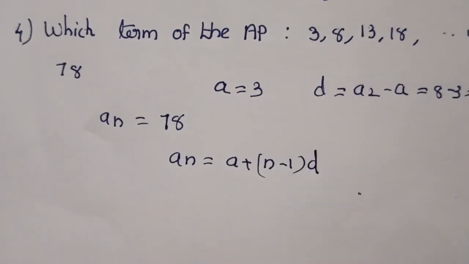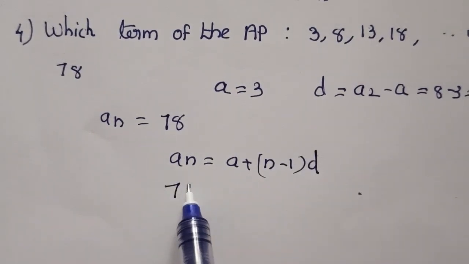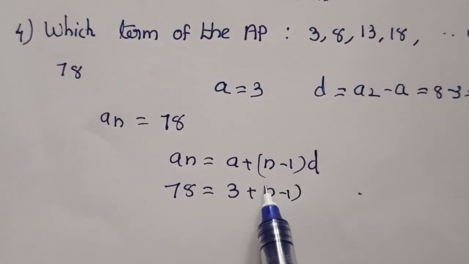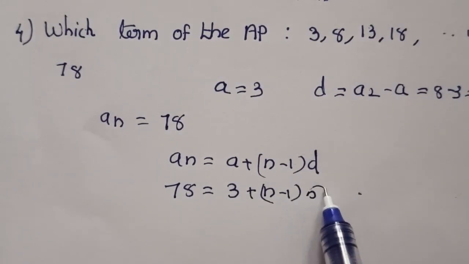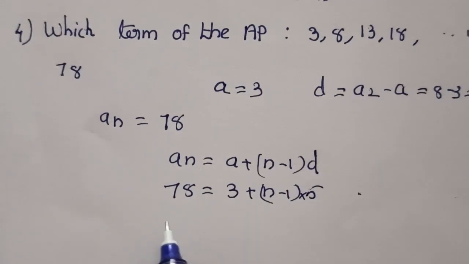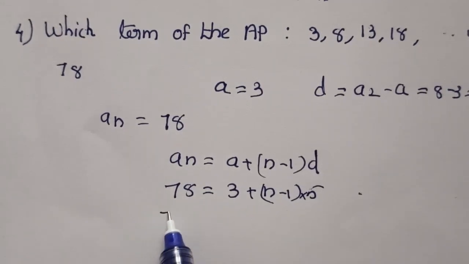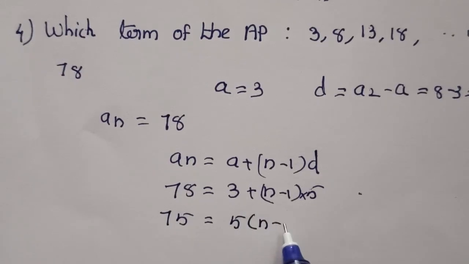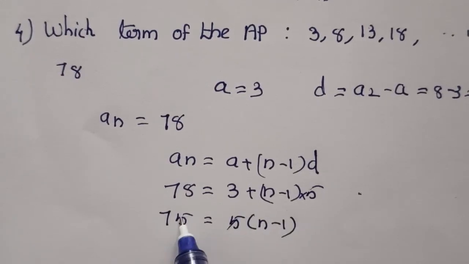Now, substituting the values here, we get 78 equal to 3 plus n minus 1 into common difference, it is 5. N minus 1 into 5. 78 minus 3, that is 75 equal to 5 into n minus 1. 5 and 75 cancels, it is 15 times. Therefore, we get n minus 1 equal to 15.